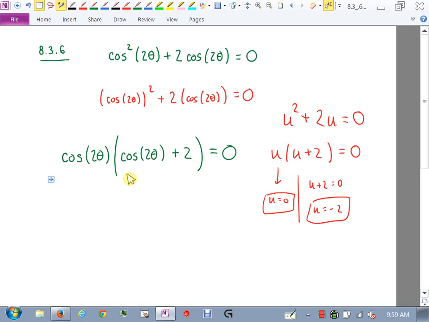Same exact thing here. I have multiplication occurring between these two things. They multiply to be 0, so I set each of those equal to 0. So now I'm coming up with two new little equations. I have cosine 2 theta must be 0. The other equation I have is that cosine of 2 theta plus 2 must be 0.